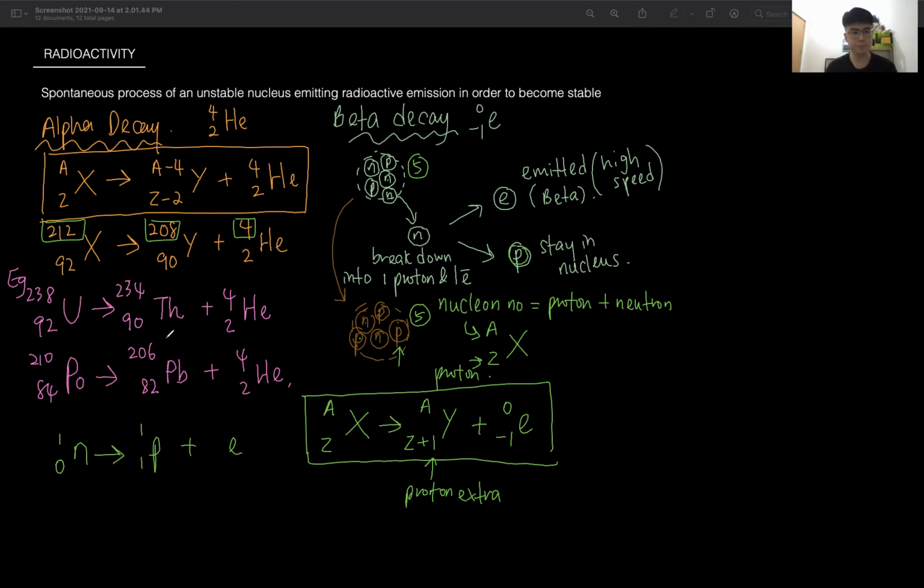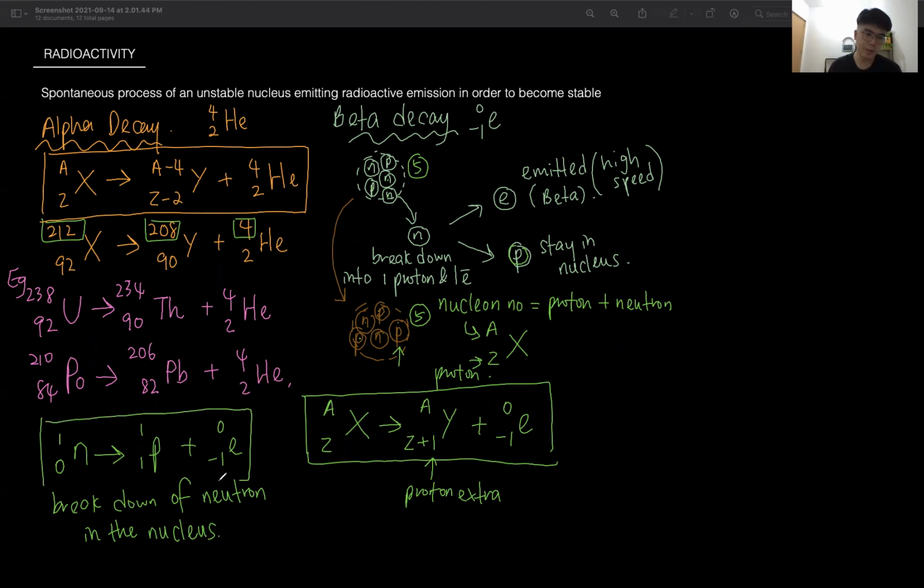Proton is 1 1. Electron is 0 negative 1. So again, balanced. This process shows the breakdown of a neutron in the nucleus. So in beta decay, you have two equations you need to remember.